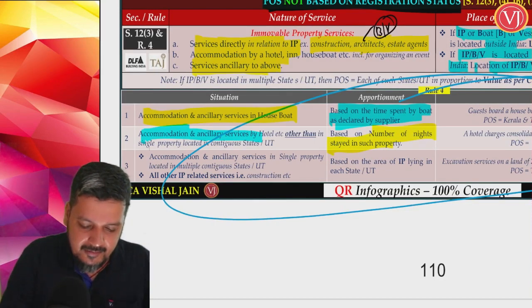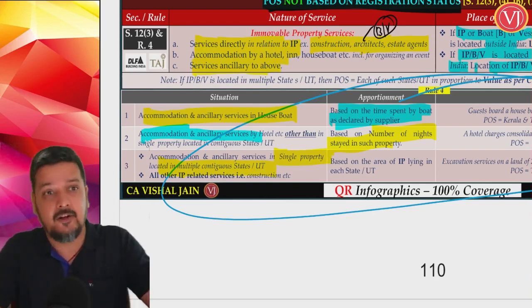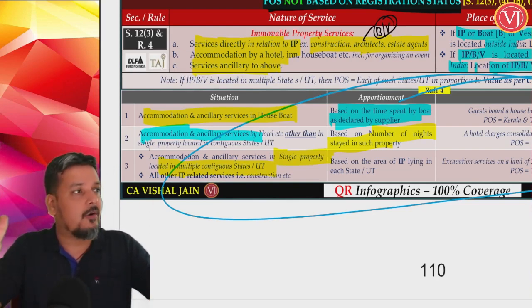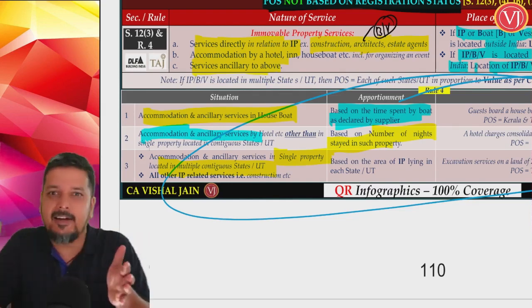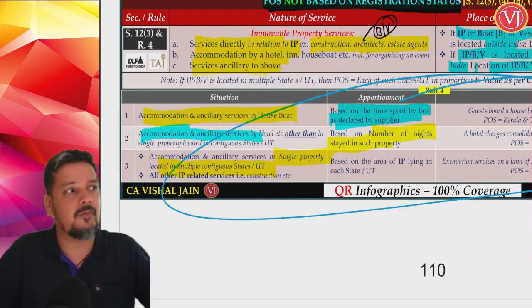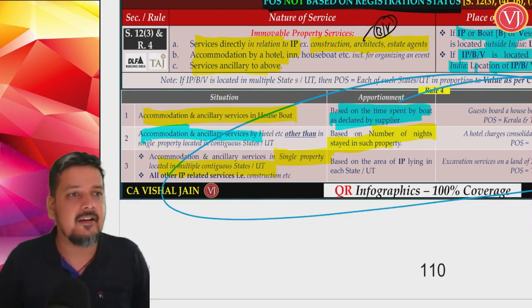Supposing there is a single hotel in 2 states. Very rare scenario, but say for example a hotel on the boundary of 2 states, partly in Tamil Nadu, partly in Kerala. Being in Coimbatore, it is very common for us. If you go to Anaikatti, it is highly possible that a big resort is partly in Tamil Nadu and partly in Kerala.